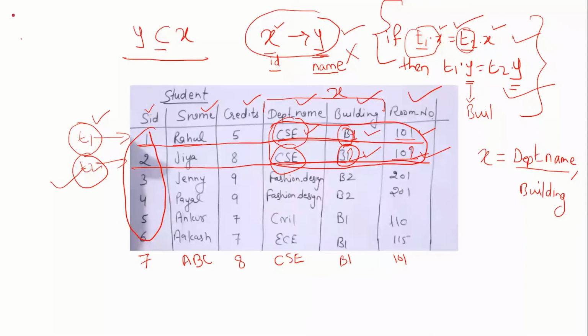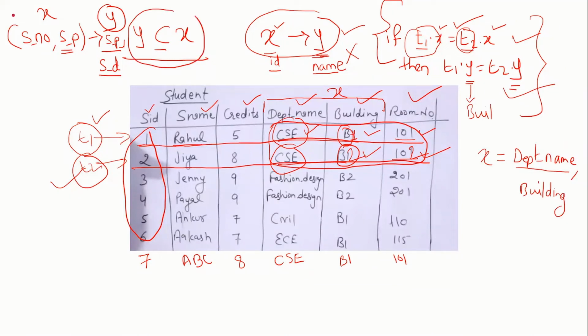Like I told you, I consider student number and student phone number, and I am going to obtain two things, the student phone number and the student address. So this is X and this is Y. Here the phone number is also appearing, so it is a subset of X. Clear? That is the case of trivial functional dependency.